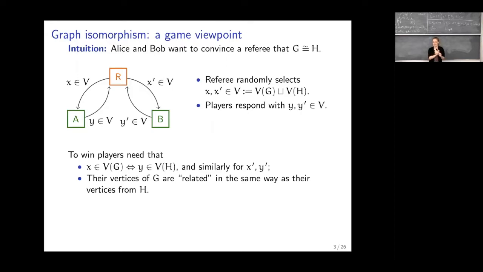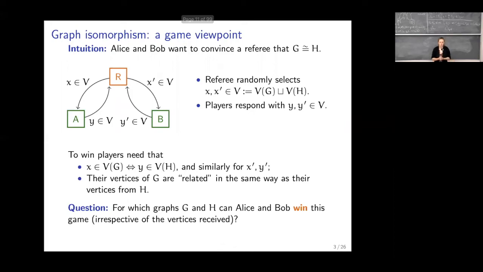They could be the same, they could be distinct and non-adjacent, or they could be adjacent. So for example, if the referee selects two non-adjacent vertices of graph H and sends them to Alice and Bob, then in order to win, they must respond with two non-adjacent vertices from graph G. There are some more complicated cases where one person receives a vertex from graph G and the other one from graph H, but it's all captured in this condition.